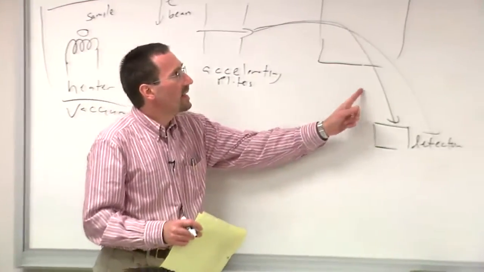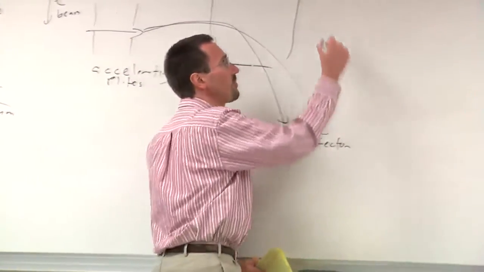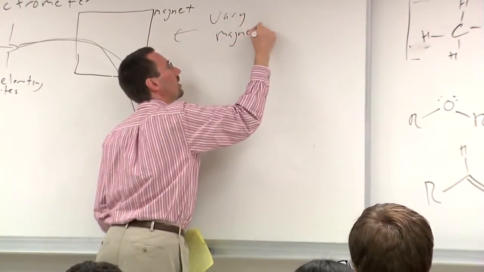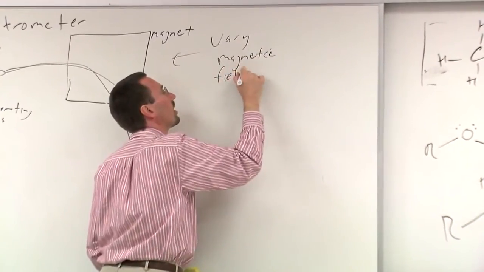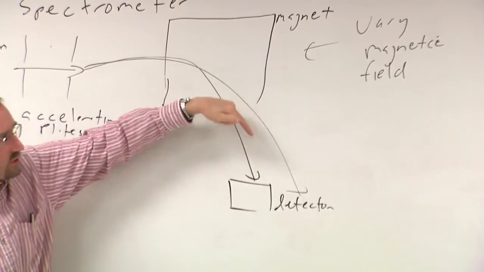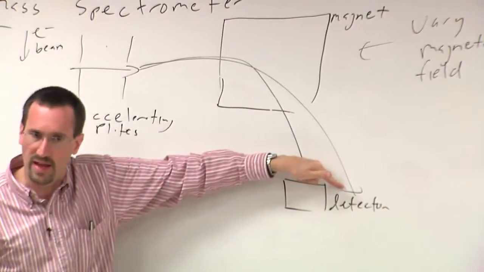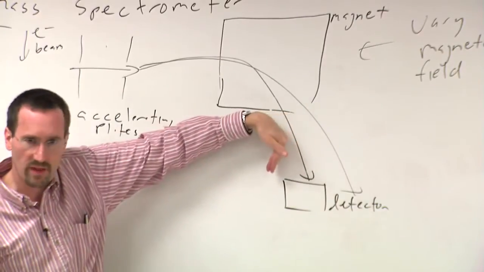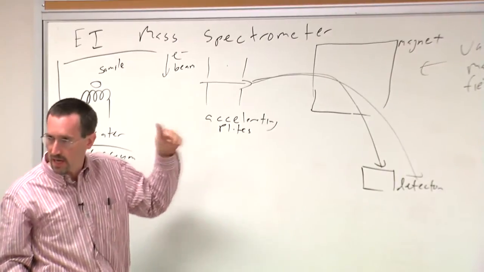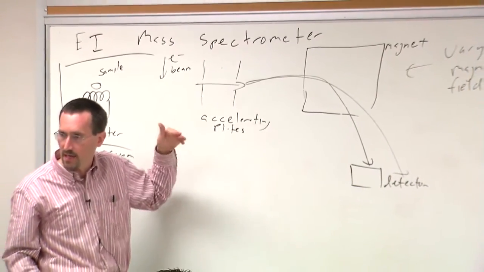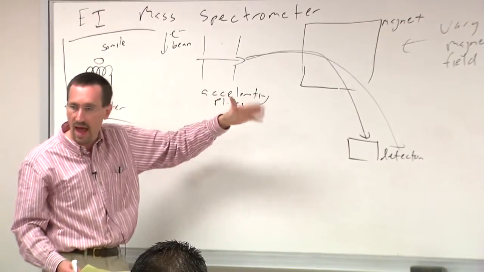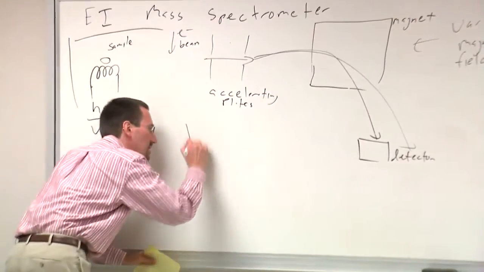So this is called a magnetic sector instrument, and what you typically do is vary the magnetic field. As you increase the magnetic field, those molecules that were deflected less will then get deflected more. And if you plot the current versus magnetic field, you basically get a graph, and that graph translates to mass to charge ratio versus intensity.